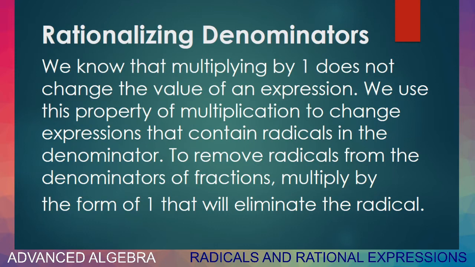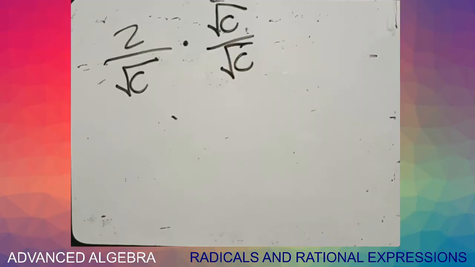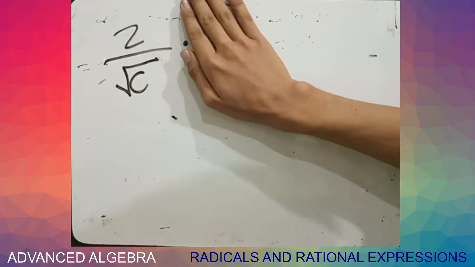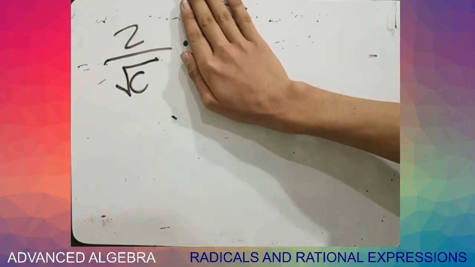So, to remove radicals from the denominators of fraction, multiply by the form of 1 that will eliminate the radicals. So, ano ba yung sinasabing form of 1? Okay, magbigay tayo ng example ng sinasabi niya sa form of 1 para magets nyo. Okay, so kunwari, ang ating example is 2 over the square root of c. So, ang gagawin daw natin, i-multiply natin daw sa form of 1.